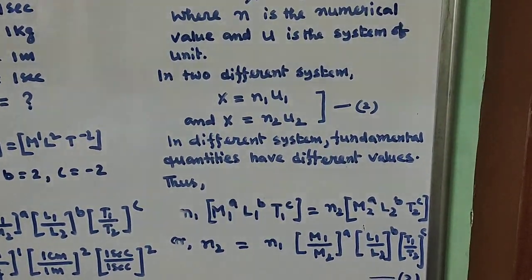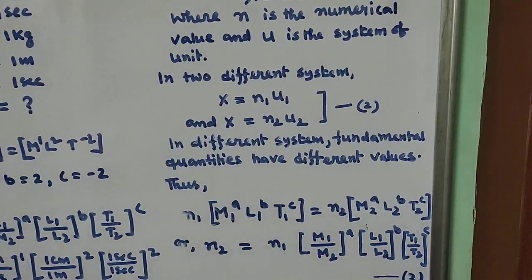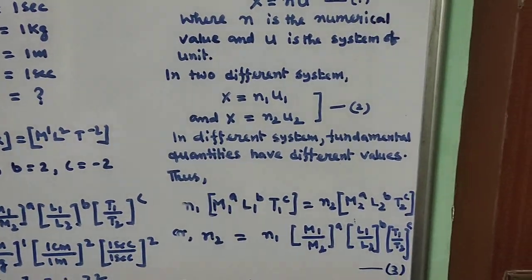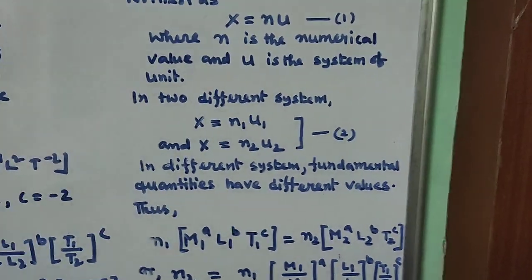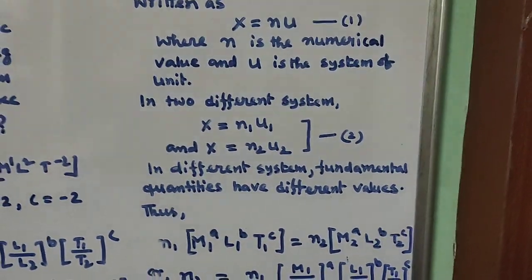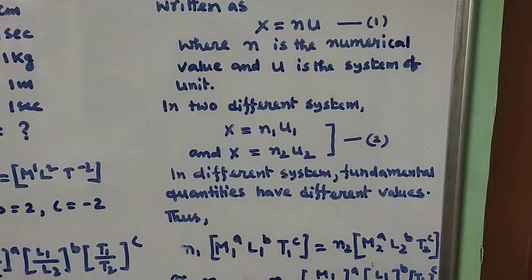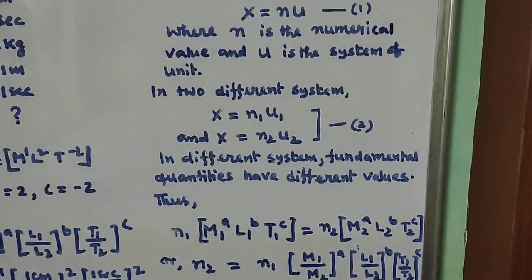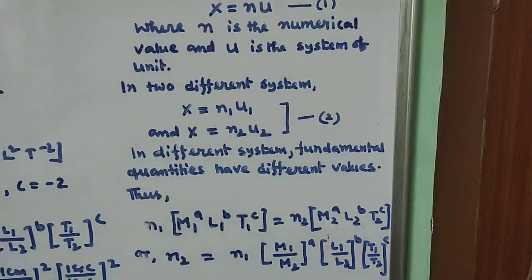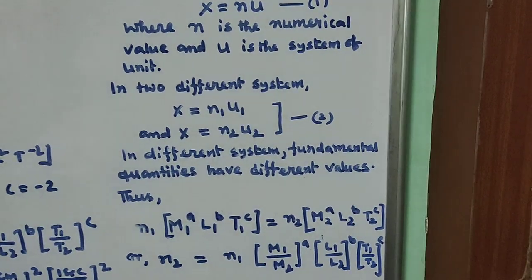In different systems, if you consider the same physical quantity, then definitely the product remains identical, because 1 meter equal to 100 centimeter. No, so you are using the same physical quantity, length, but the systems of units are different. So what you can write: n1 u1 equal to n2 u2.